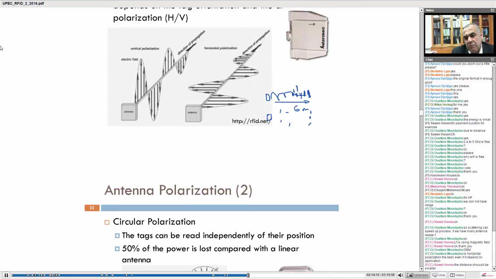But if you have this configuration, you have a reader, you have a tag here and a tag this way, random position of the tag, and you have a tag at 6 meter here. So maybe with circular, let's put the same tags.